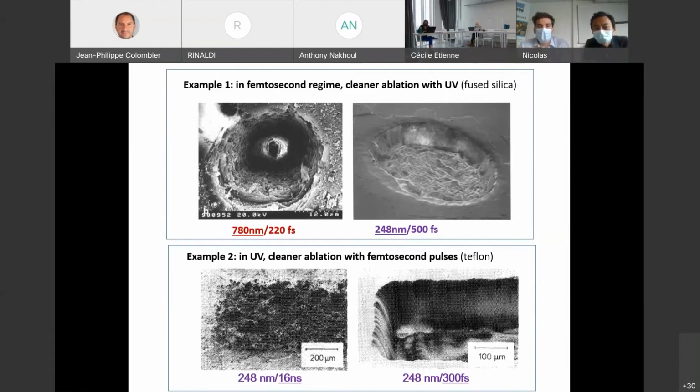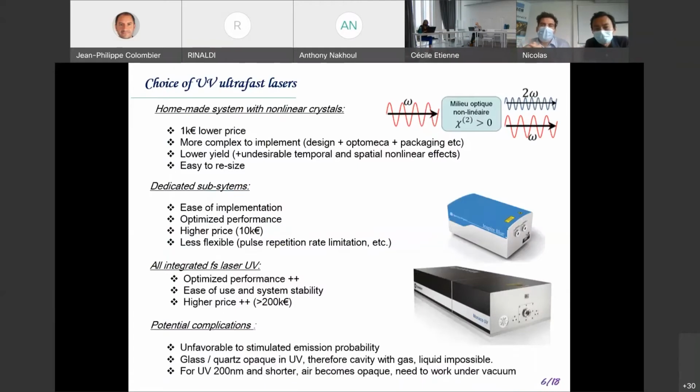Also, comparing UV at nanosecond and femtosecond pulse durations, we see the benefit of the femtosecond range. So this is why we want to work closer to UV, but it's also a challenge to work with UV.